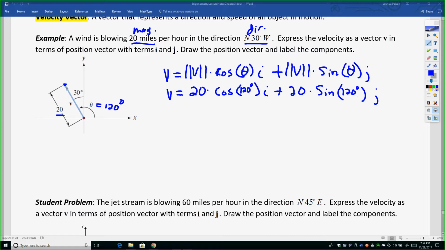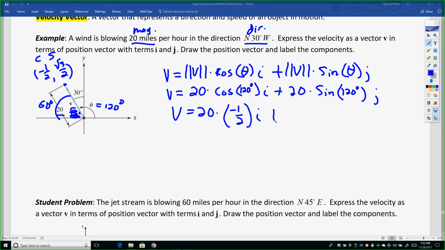This angle here is a 60-degree angle, right? That angle is 60 degrees. So that coordinate right there is negative 1/2, root 3 over 2, correct? That's my cosine and sine. So velocity equals 20 times negative 1/2 i, and 20 times root 3 over 2 j.